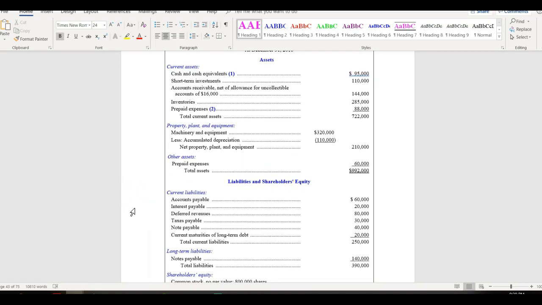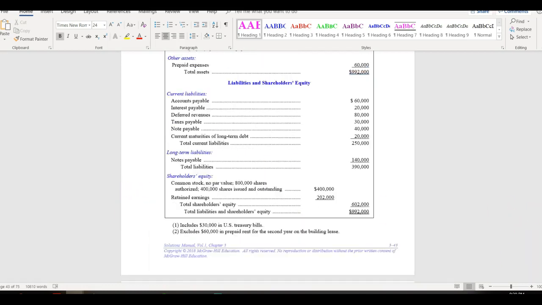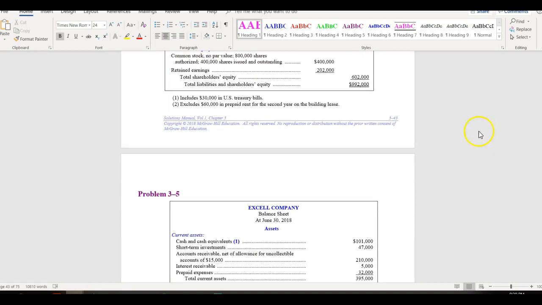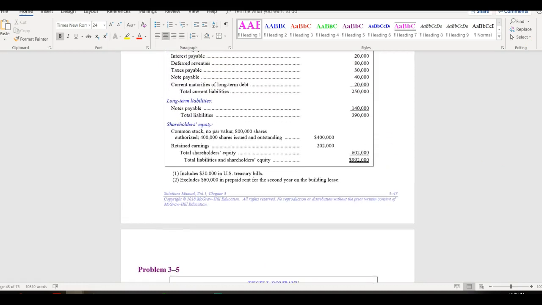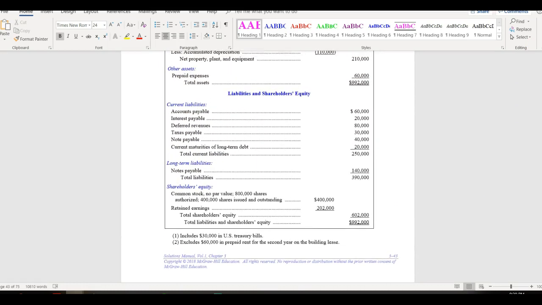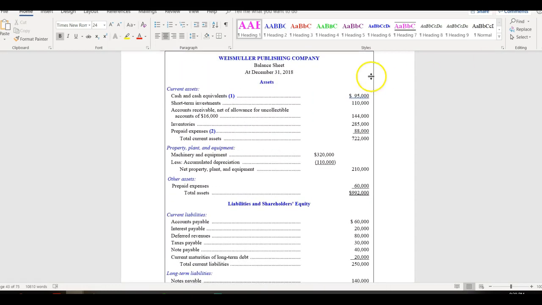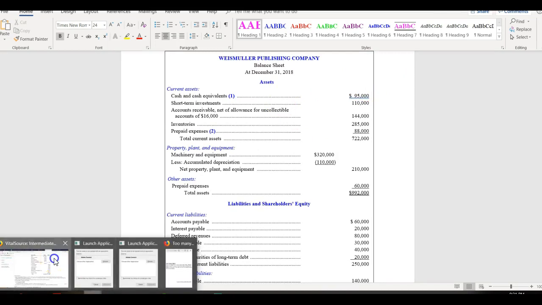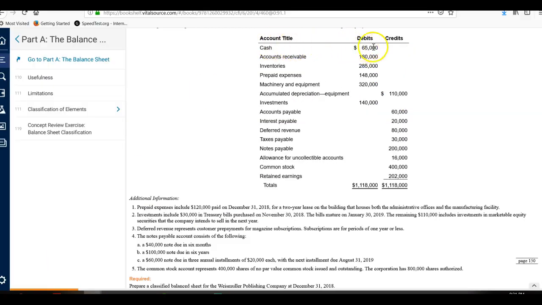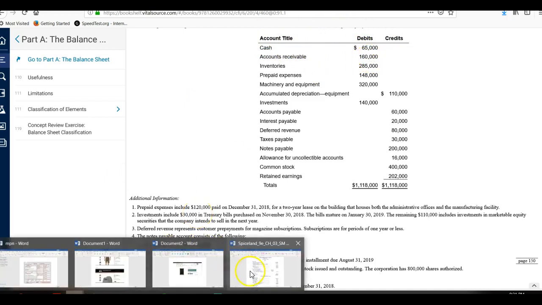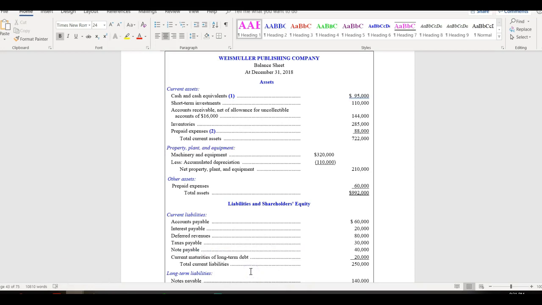Now I'm going to flip back and forth just to make sure I am providing you with all the information. This figure includes the $30,000 in U.S. Treasury bills. So this $95,000, if we look at how it shows here, we had cash of $65,000. So we're going to include the additional $30,000 in Treasury bills.